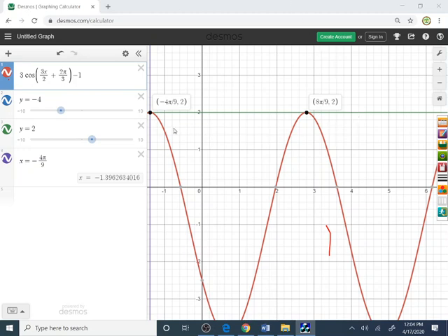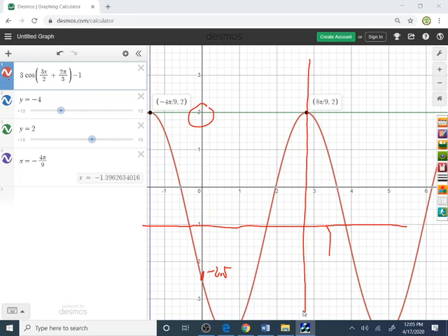This is my graph from here to here. And this is the line -1. And this is 2. And -4 is down, the bottom. And this is the y-intercept, which is -2.5. Right? Good. And this is my period from here to here.